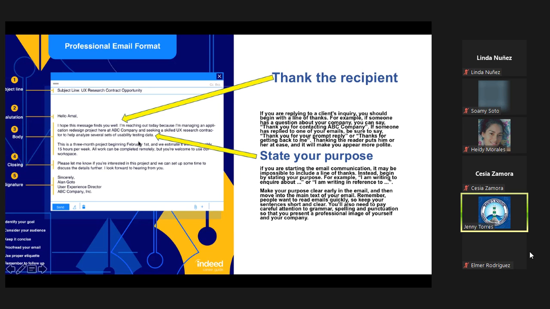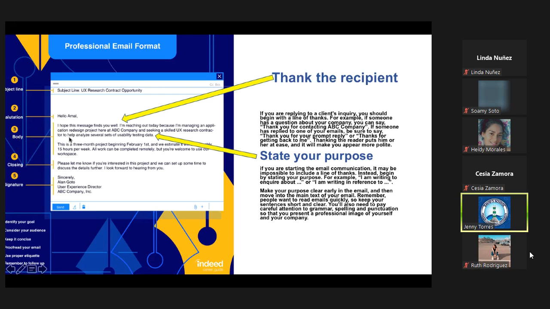Recuerden que los correos, el diseño no es como una carta. ¿Ok? Es un mensaje que tiene que ser lo más corto posible para no perder la atención de la persona que va a leer ese correo. No solamente es el correo de ustedes que está recibiendo, así que entre más corto, más claro, preciso sea su mensaje, tendrá mayor impacto. Okay.